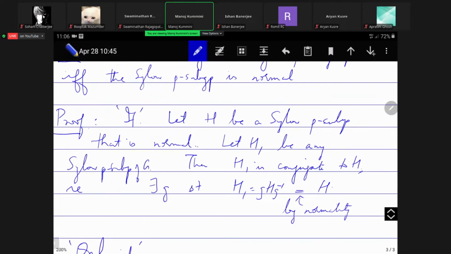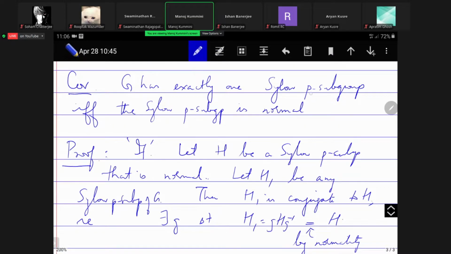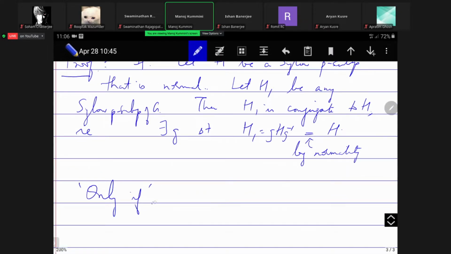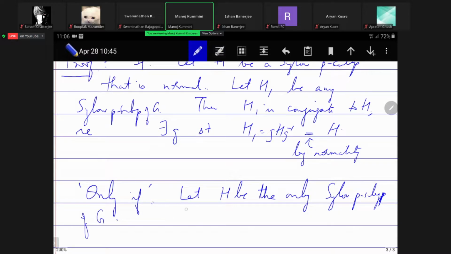So we need to show that if it has exactly one Sylow P subgroup, then it is normal. So let H be the only Sylow P subgroup of G. We want to show that it is normal.